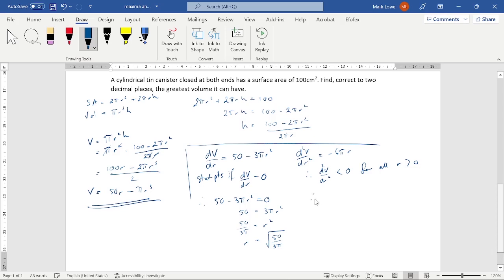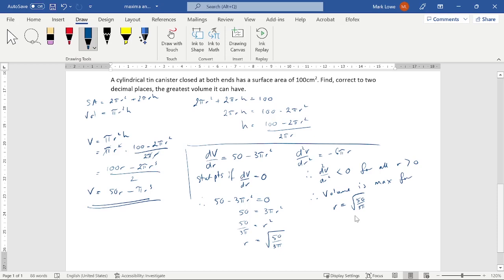Which means that volume is a maximum for r being equal to the square root of 50 over 3 pi. So that's an example of a nice straightforward application of using our second derivative to confirm the nature of the stationary point.